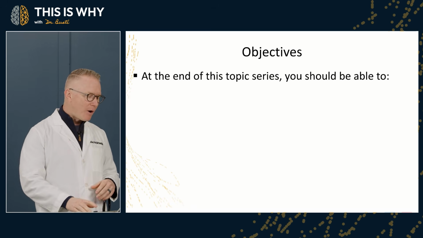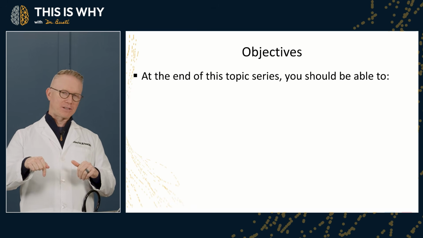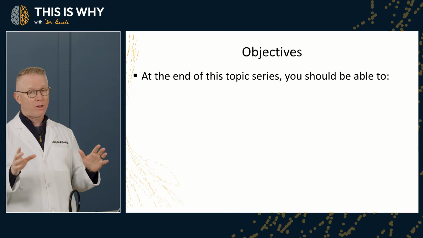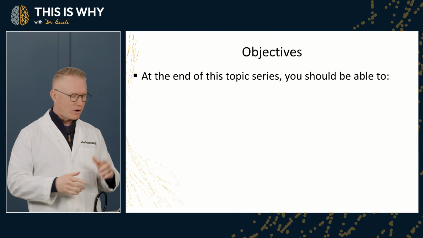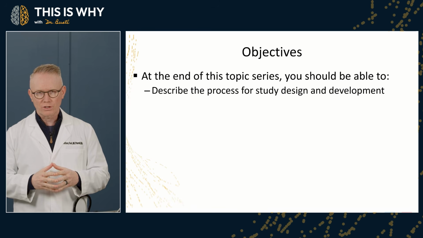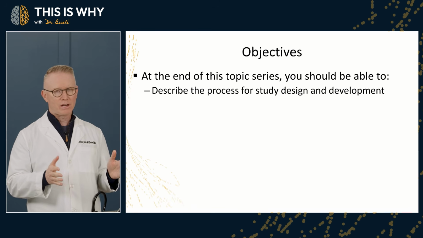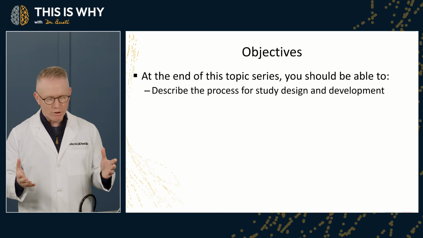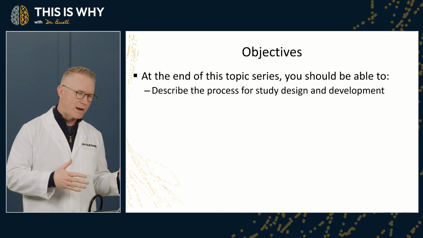All right, now by the end of this topic series, you should be able to describe the overall processes involved in design and also the development of clinical research. This does not necessarily mean that you must become a clinical researcher. I know many of you are going to be a clinician, right? You're not going to go into academia.